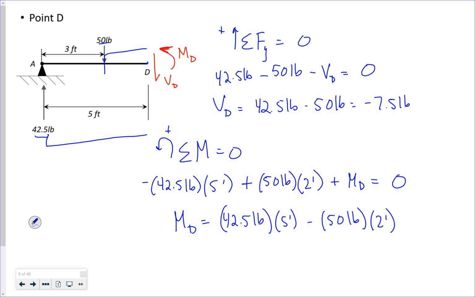And that should give you 112.5 foot-pounds, or pound-foot. As long as you have foot and pound, it's fine. Okay?